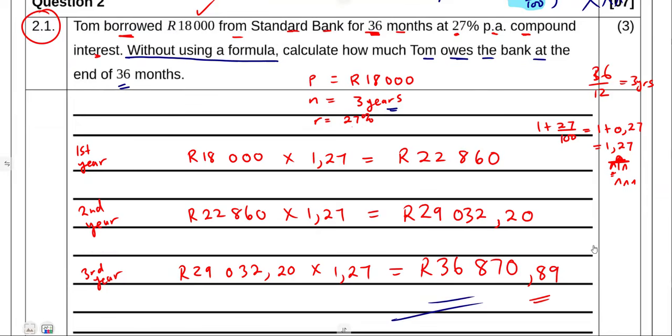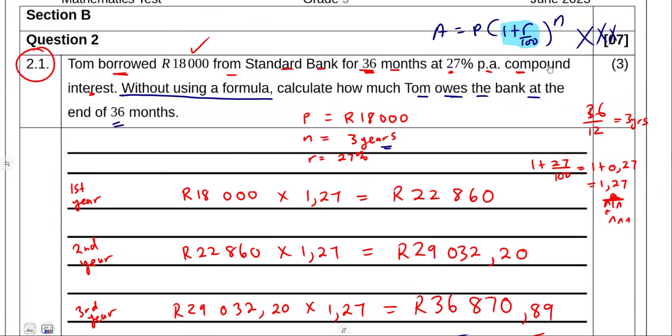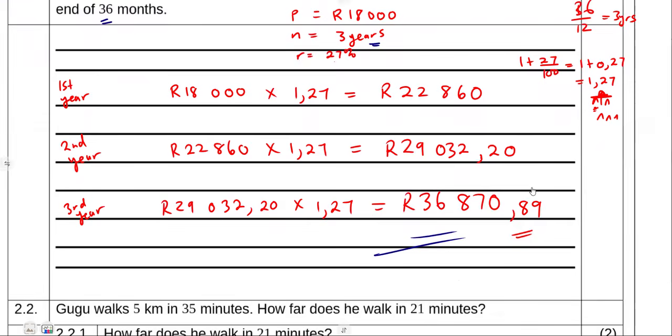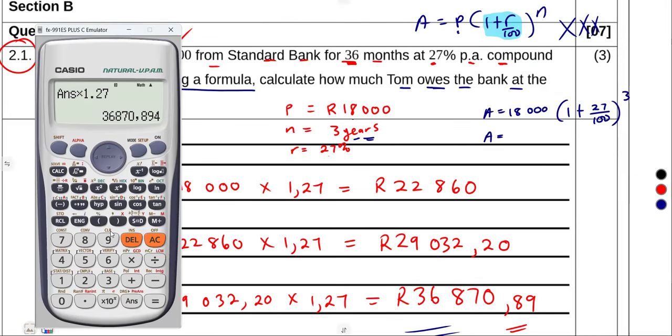All right. So you consider yearly when you are not allowed to use the formula. You can verify with the formula from what we just had. Let us verify with our formula if it is the correct answer that we have. Remember, our principal is 18,000, into 1 plus R, where R is 27 over 100, to the exponent of n, the number of years, 3. So let's use our calculator to calculate this at once.